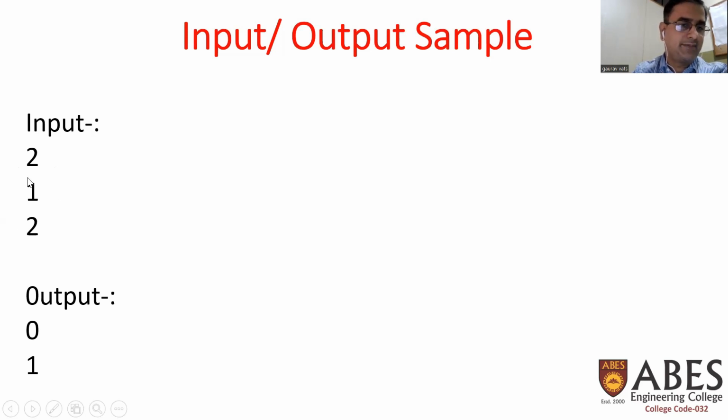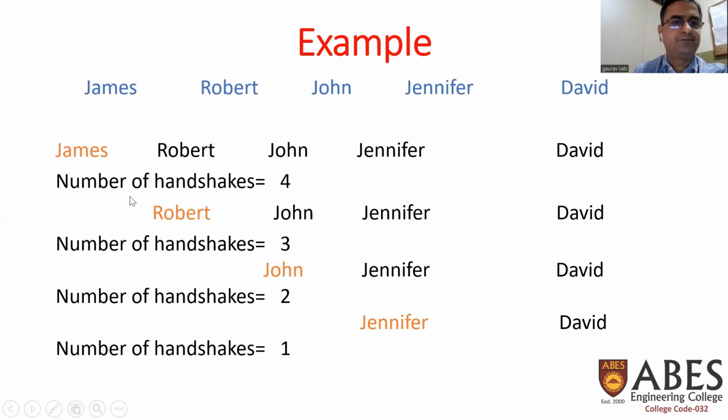Here are the two test cases, and small n is given for each. The first test case has only one person, where small n is the number of people in that meeting. If there is only one person, the output will be 0, because obviously there will be no handshake. And if there are two persons, there will be only one handshake. So this is the simple sample input and output.